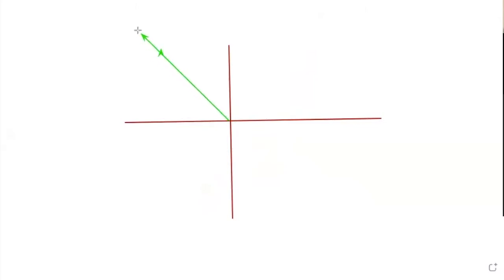We would draw a coordinate plane, a Cartesian coordinate plane, and then we would give a point out here, and let's call it, like I said before, -3, 4.